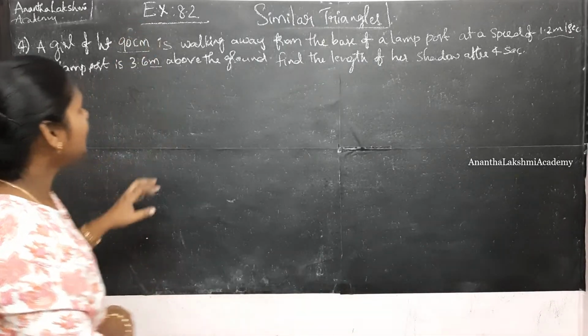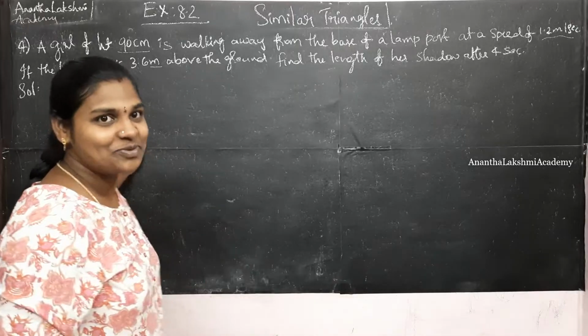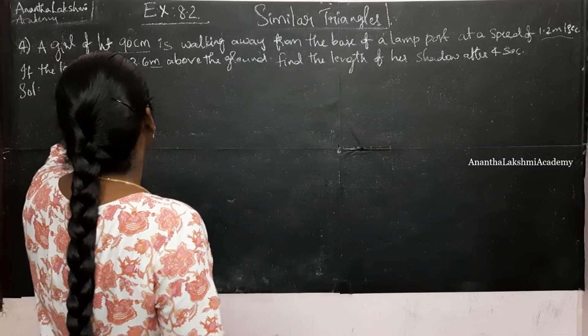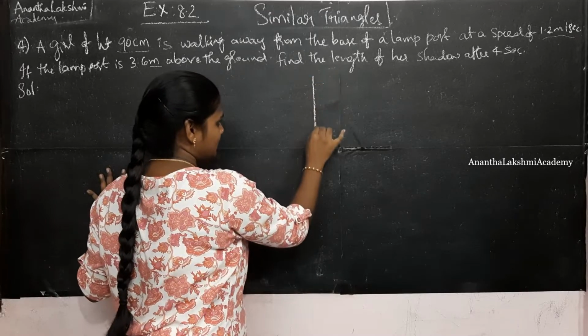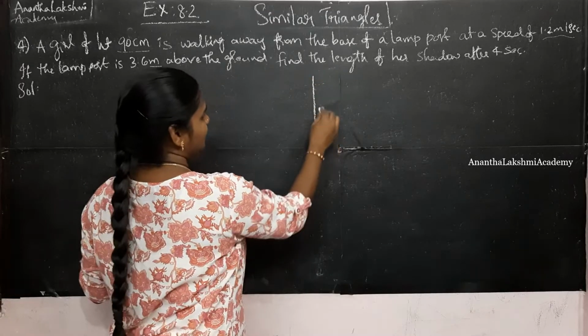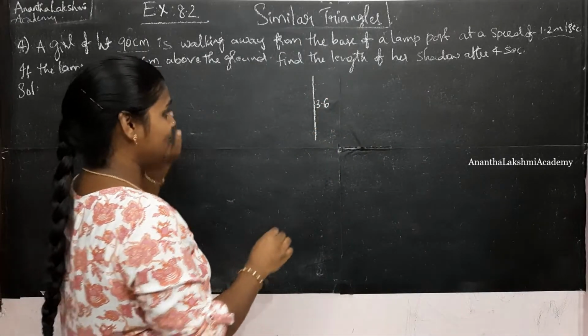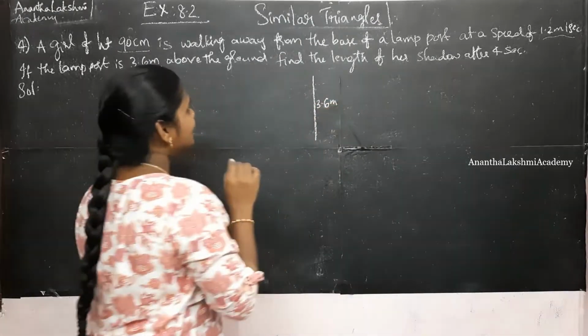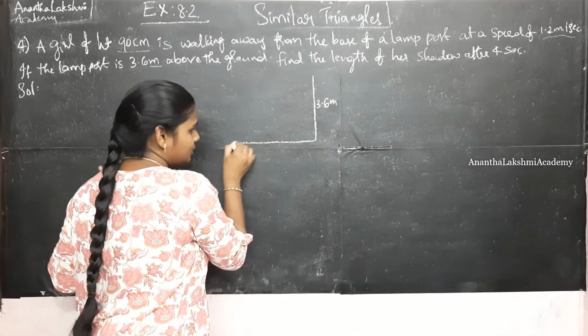Alright. So let me draw a triangle first. Draw the figure for this problem. Here it is said that the lamppost is 3.6 meters. Let me assume this as the lamppost, which is of 3.6 meters. Now it is said that the girl is walking away from the lamppost.